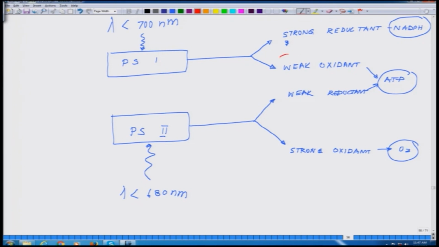So, the weak oxidant and weak reductant is ATP. Now, if you look at this reaction very carefully, you will realize.